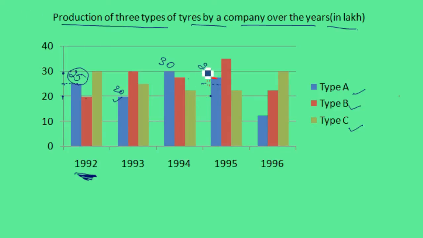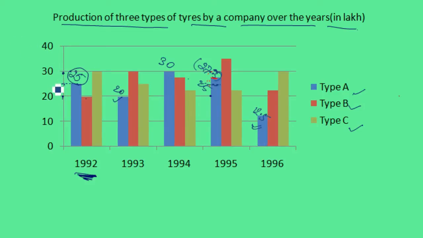This can be 27.5, since this is 25 and this is 30. So between 30 and 25 we'll get 27.5. Likewise here we can write 12.5. Now just try to analyze it.